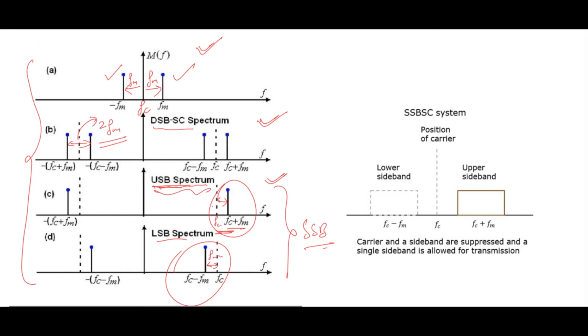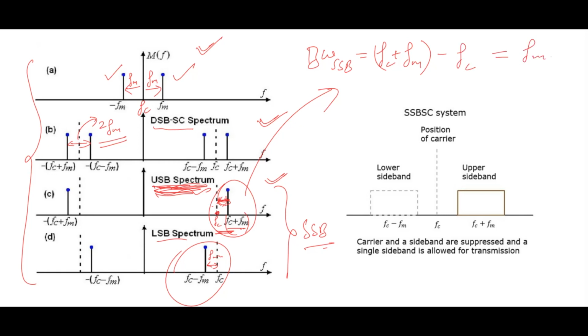Mathematically, for USB transmission, we can write the bandwidth of SSB equals the upper frequency, fc plus fm, minus the minimum value, which is fc. So this comes out to be fm only.